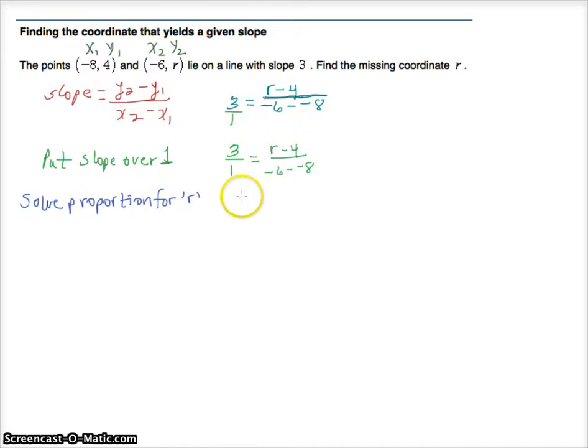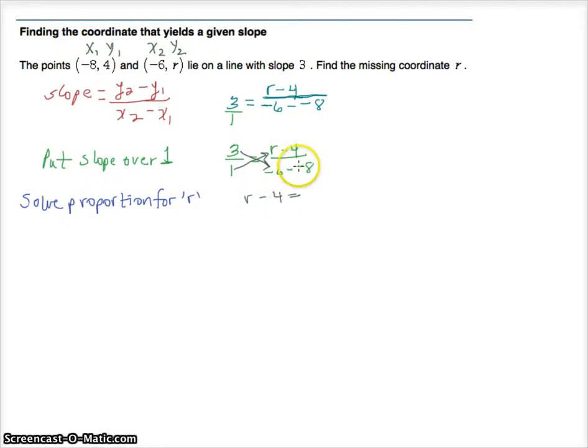So to solve the proportion, you know that we need to cross multiply and divide. So we're going to cross multiply here and here. So we'll say 1 times r minus 4, and that's going to give us just r minus 4.